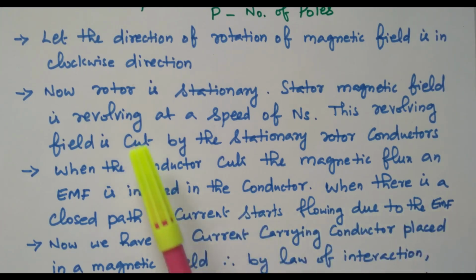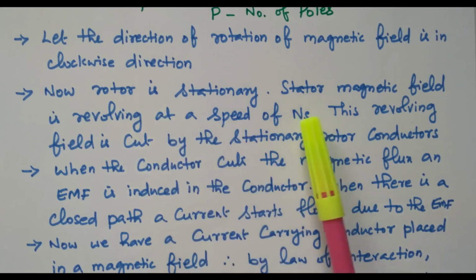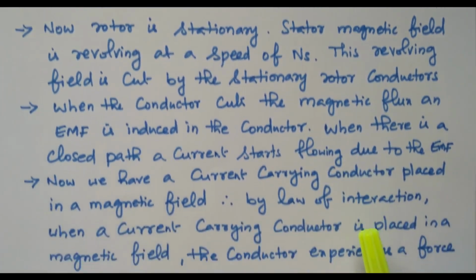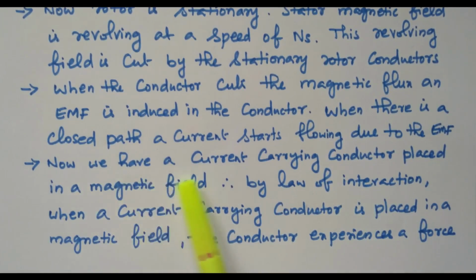So initially the rotor is stationary. This rotor conductor cuts the magnetic flux, so EMF is induced. That EMF will circulate the current because of the closed circuit. Now we have a current carrying conductor placed in the magnetic field. By the law of interaction, the conductor experiences a force.